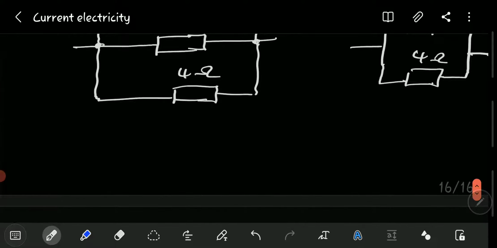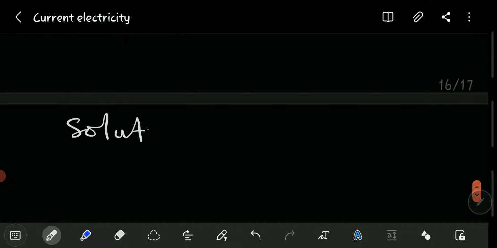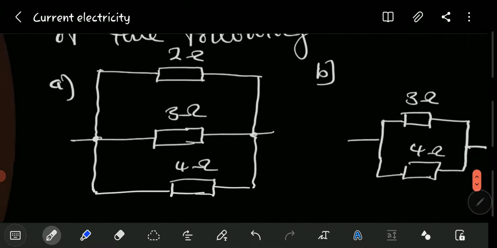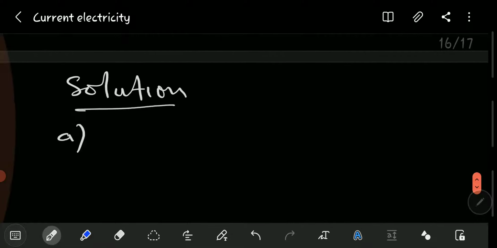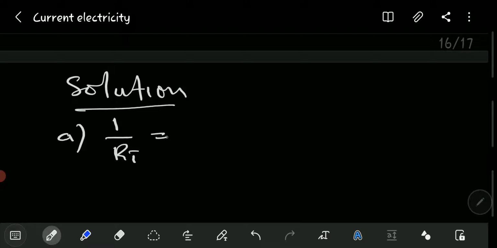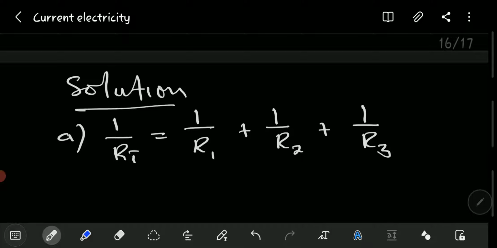So let's start with our solution. For A, how many resistors do we have? We have 1, 2, 3 resistors. So we are going to say 1 over R total is equal to 1 over R1 plus 1 over R2 plus 1 over R3.